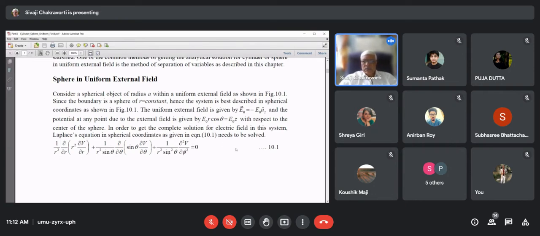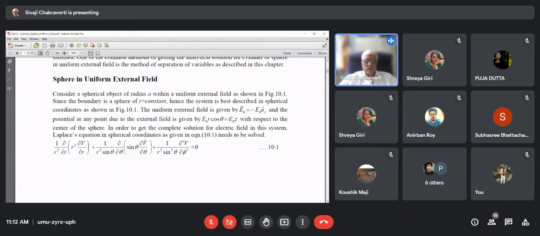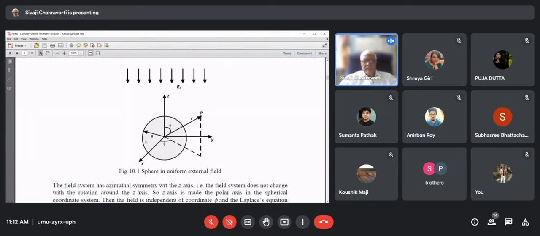Now, how are you representing this sphere in uniform field? So here it is the sphere. If we take the center of the sphere as the origin of Cartesian XYZ, as shown, then you can see what is r, what is theta, and what is phi. So any point P, the radial distance from the origin is r.